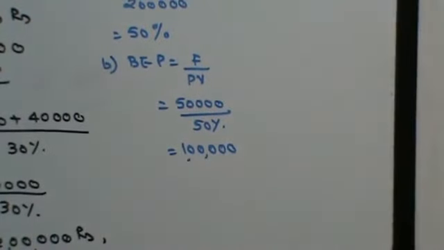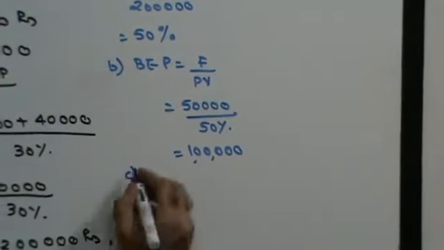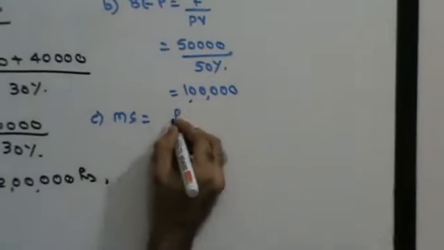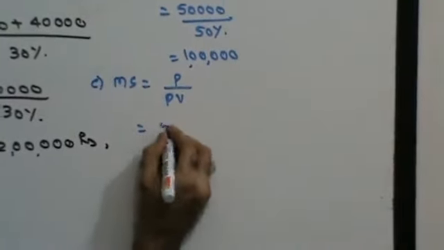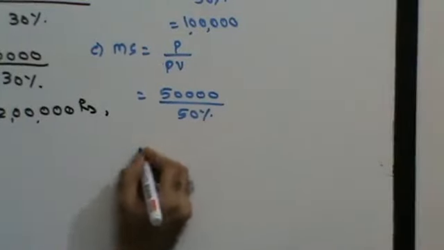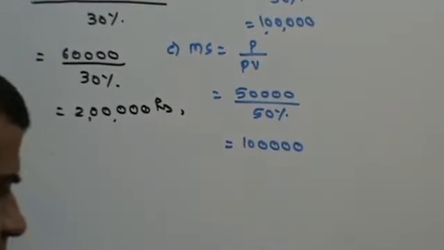They have asked you to find out the PV, BEP and MS. MS is P upon PV, that's 50,000 divided by 50%, which is going to be 1 lakh. So first half of the year is done.